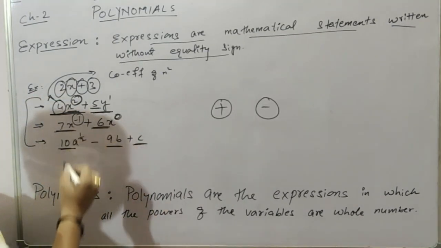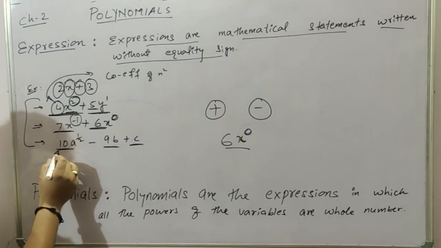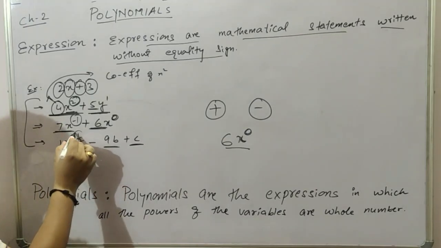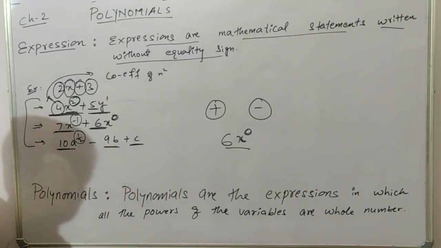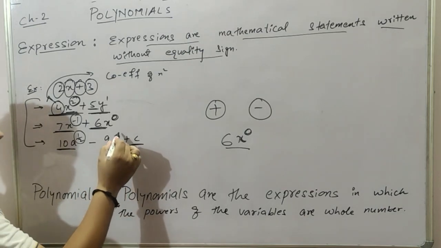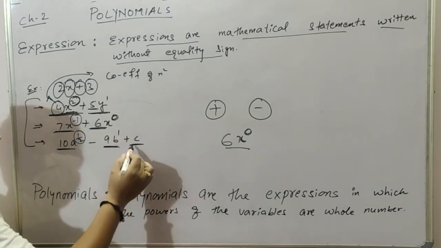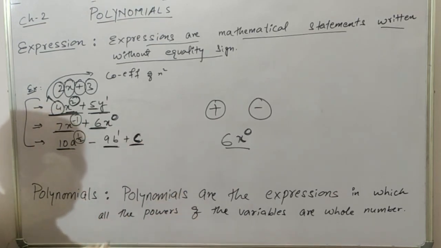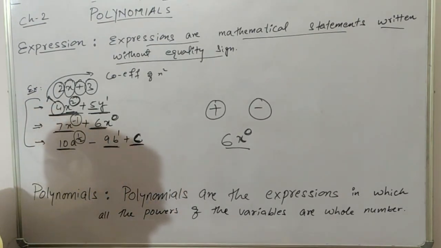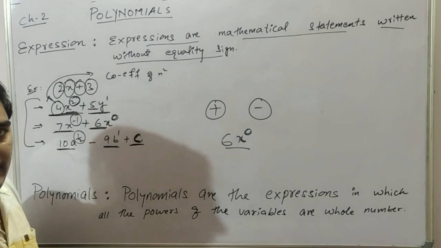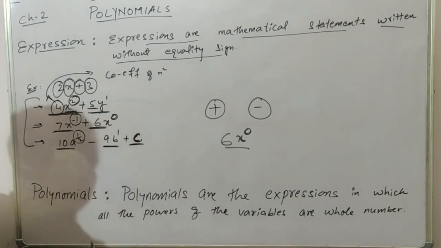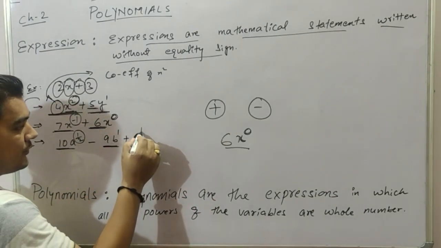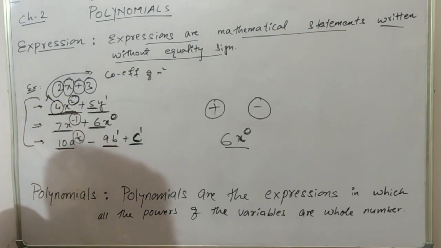Because it is a constant here. Similarly in the next example the power is 1 upon 2, whereas in the second term the power is nothing but 1. And here c is not a constant term because it is an alphabet, and we know that an alphabet is a variable because it does not have any fixed value. So here also we will take the power as 1.